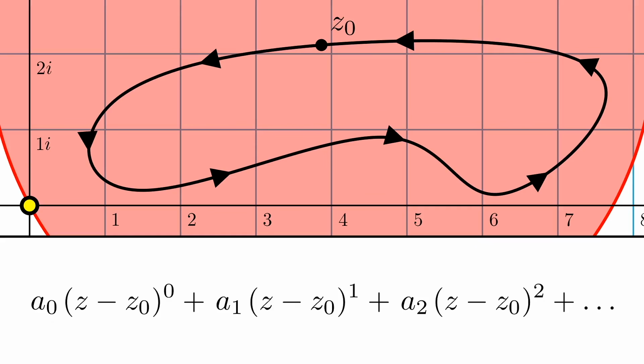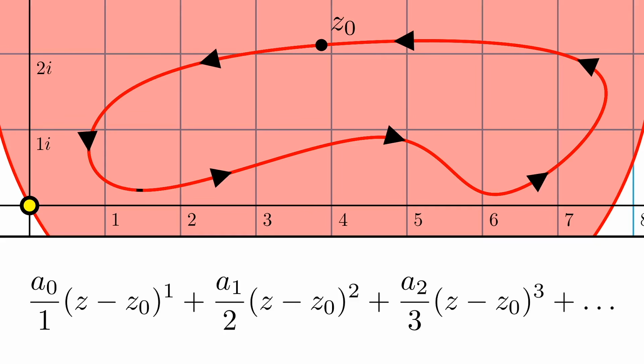Within this disk, we can write down an antiderivative of 1 over z just by integrating the power series term by term, giving us capital F of z equals the sum of a_n times (z minus z0) to the n plus 1, divided by n plus 1. But now we have an antiderivative of 1 over z that is a single-valued function defined on the whole loop.